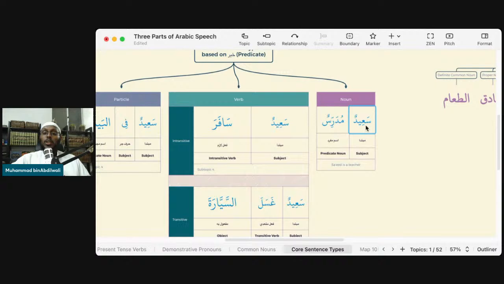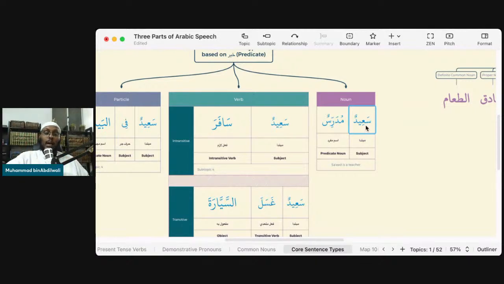If you want to say someone is something, or something is someone, which we call in English an equational sentence, then you would just use nouns, a noun and a noun, to describe someone or something. But if you want to talk about something that happened in the past, is happening now, or is going to happen in the future, you're talking about an event, so now you have to use a verb.